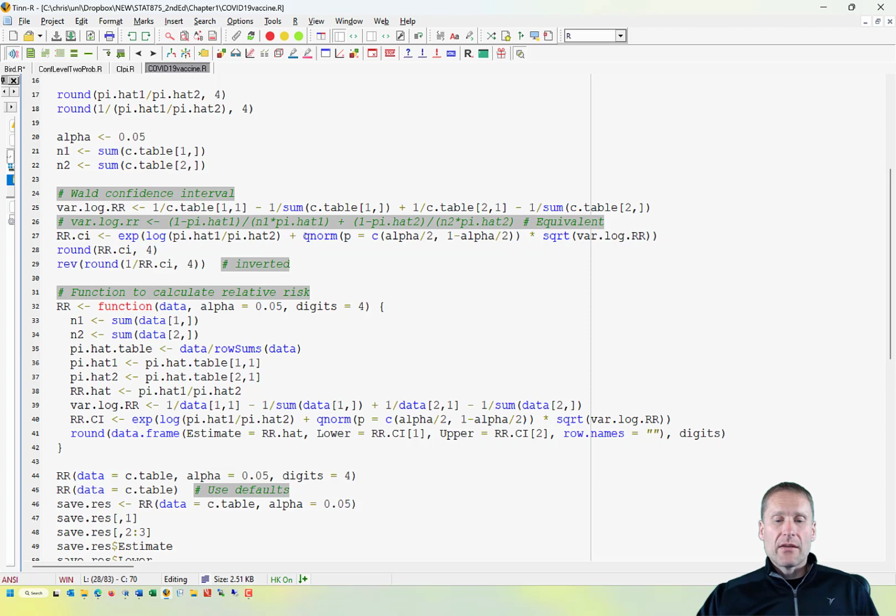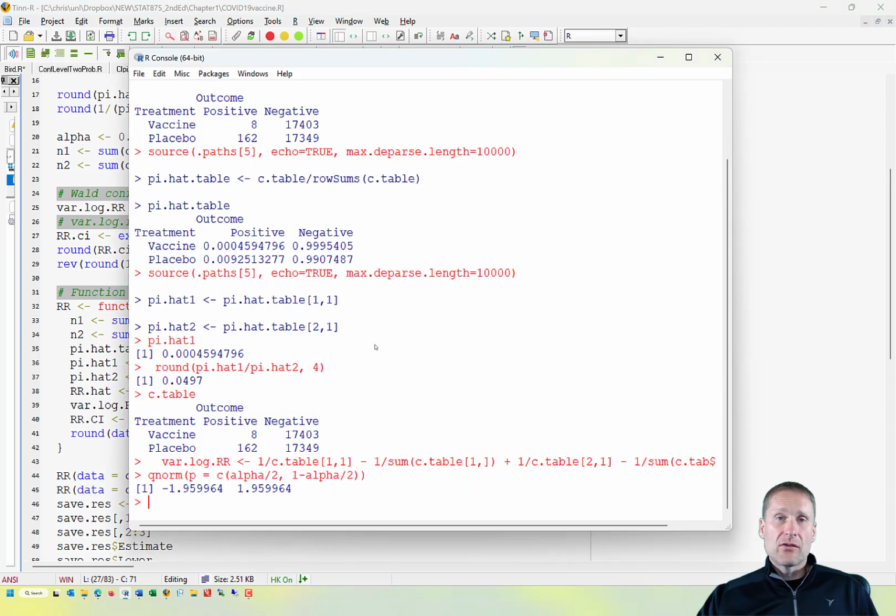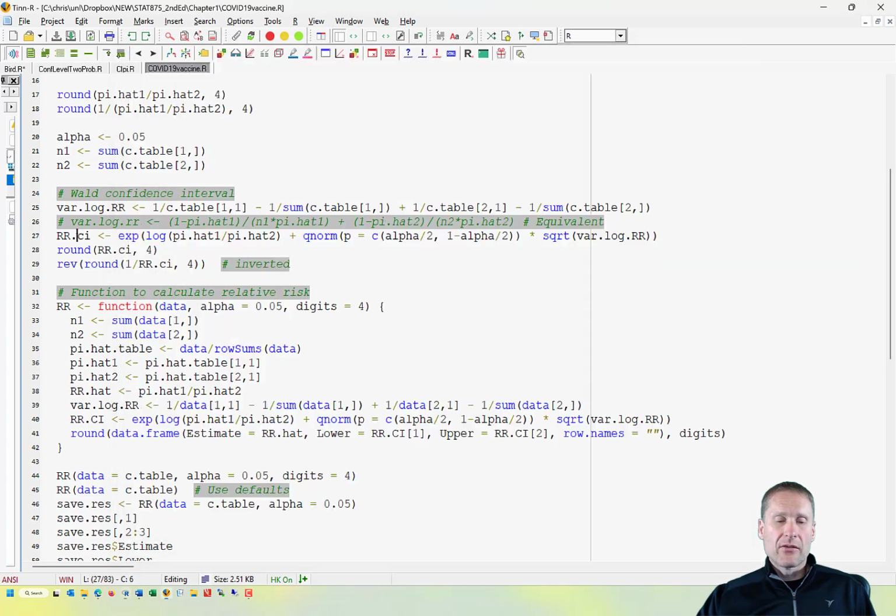And remember, since I'm doing this with two different values for alpha divided by 2 and 1 minus alpha divided by 2, I get the two values, the negative and the positive of 1.96. Take this times the square root of the estimated variance of log of RR hat.